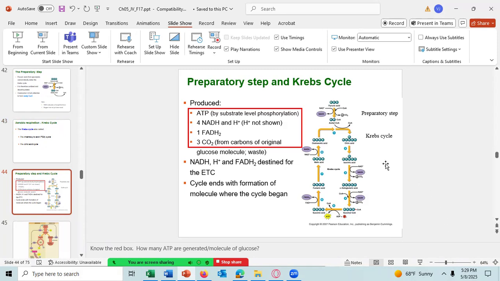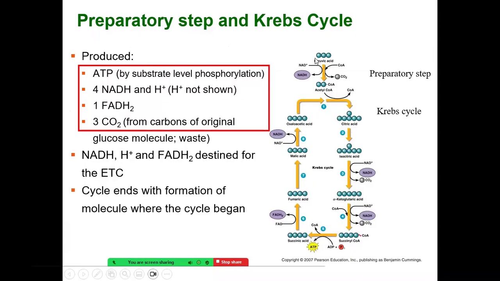So this is showing you the preparatory step, the one-step reaction before the Krebs cycle. Let me blow the slide up. So we had pyruvic acid. It's changed into acetyl coenzyme A by the preparatory step. We get one molecule of carbon dioxide and one molecule of NADH generated in the preparatory step. The acetyl coenzyme A then binds to the oxaloacetic acid of the Krebs cycle to make citric acid. You don't need to know that, by the way.